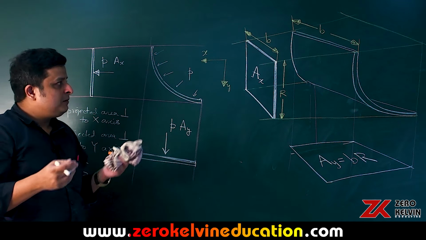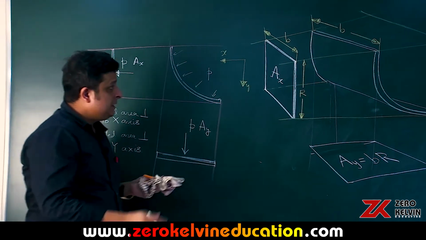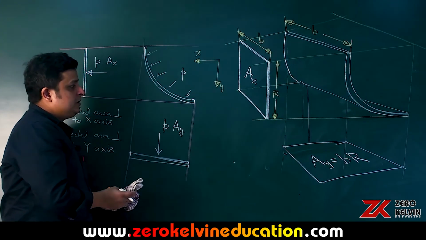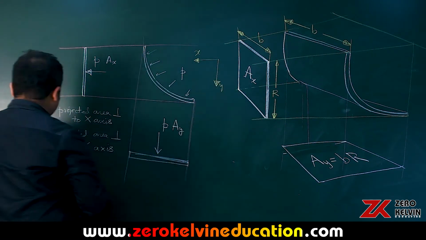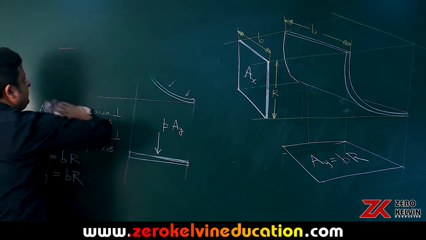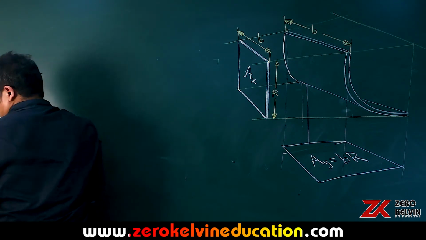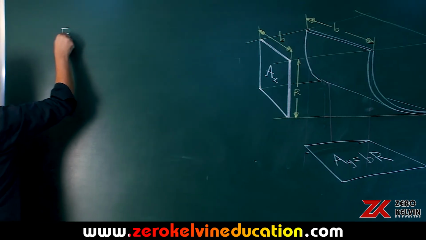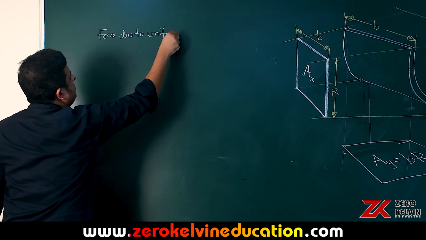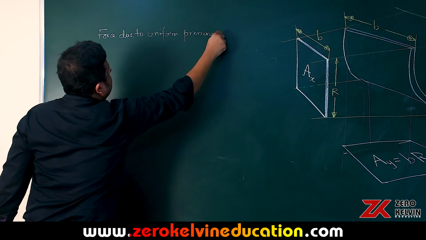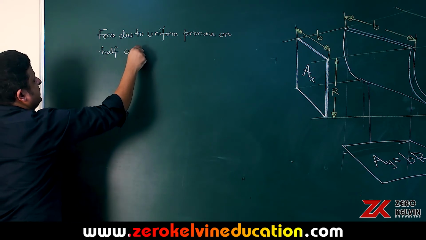Now we will move on to calculate force due to uniform pressure on a half cylinder. If you take a half cylinder, then what will be the projected area? So that's okay for the quarter cylinder. Now I will erase this one. So, force due to uniform pressure on a half cylindrical shell.